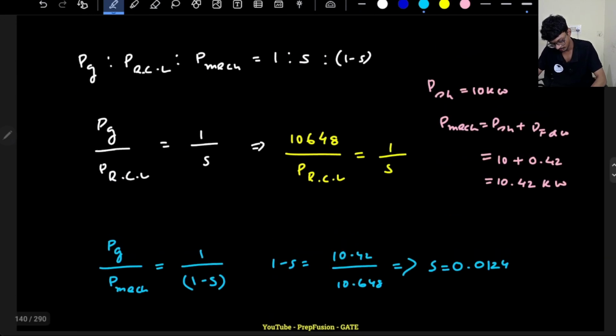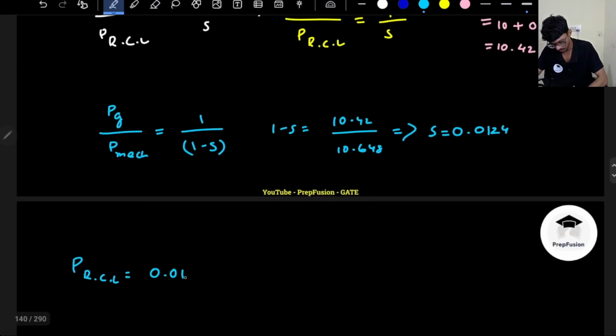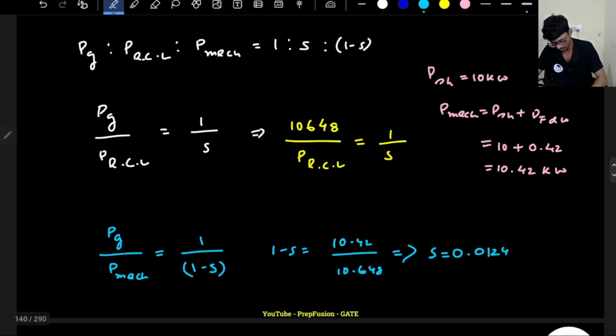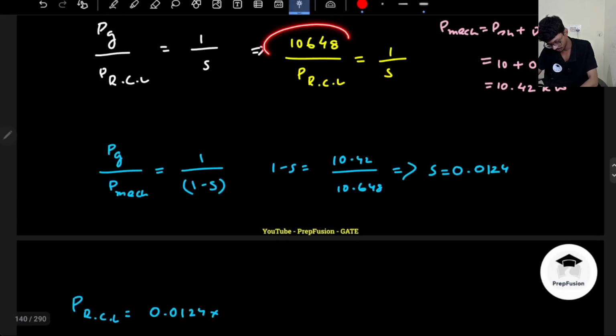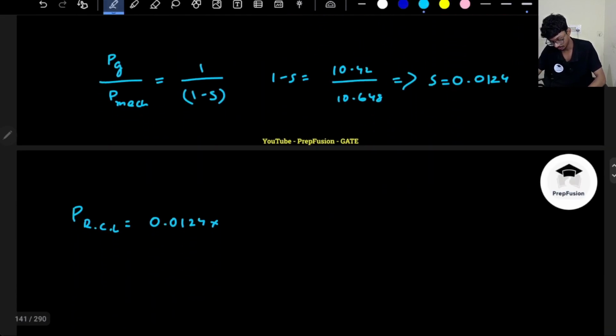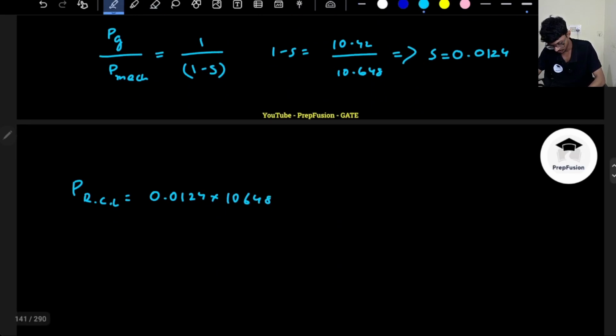Rotor copper loss will be equals to this slip 0.0214 into this air gap power, 10,648. So it comes out to be 228. So 228 watts is the rotor copper loss at full load.